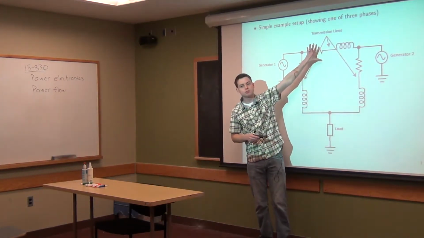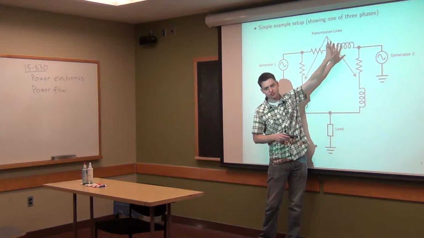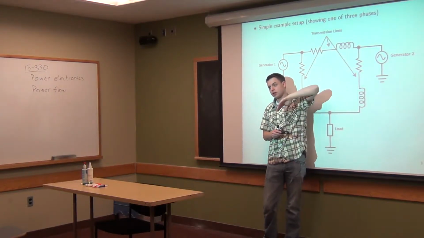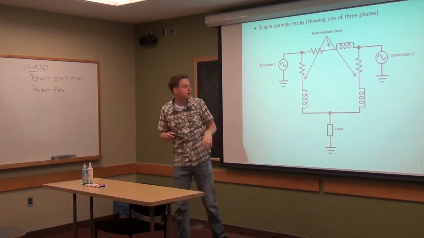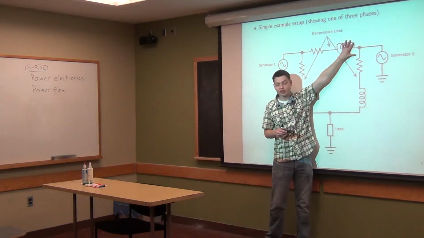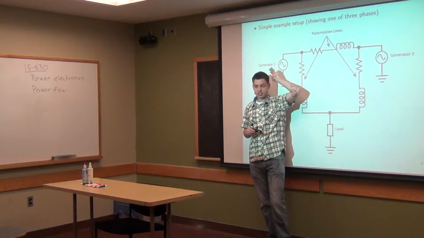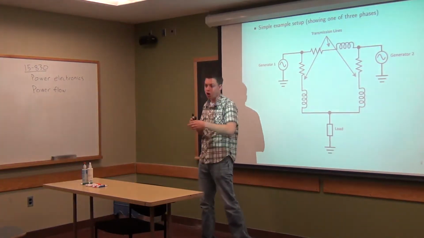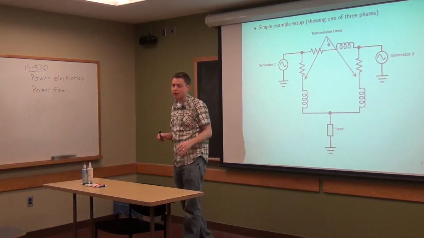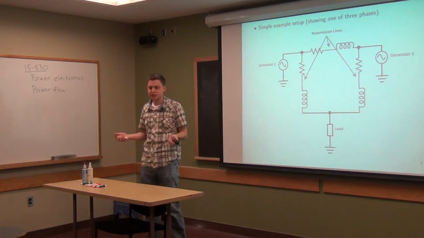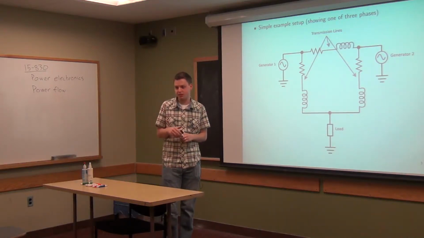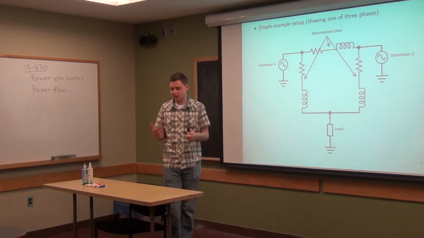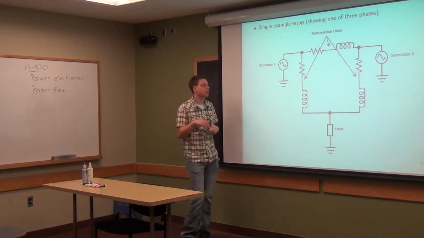So they all have some total impedance, which is the combination of these two things. So it's just a resistor and an inductor in parallel. And oftentimes, the inductance here is significantly larger than the resistance. Just the nature of transmission lines is that long cables of wire, if they're built big enough, won't have that much resistance, but they do have some inductance. So you will experience some reactive power losses in some sense when you put things over a transmission line.